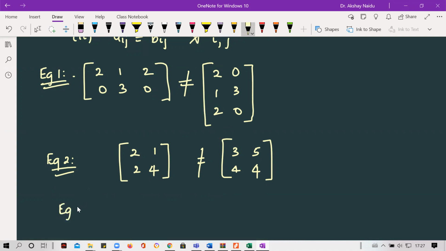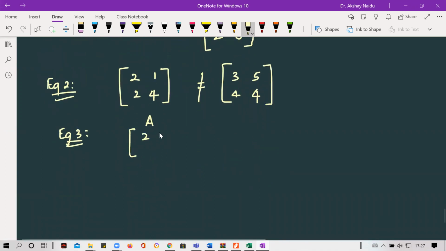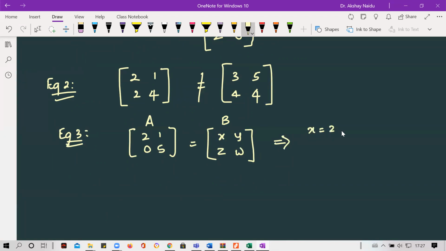So if A is 2 1 0 5, B also has to be the same. If B is x y z w, this implies x equal to 2, y equal to 1, z equal to 0, and w equal to 5. So this is about equality of matrices.